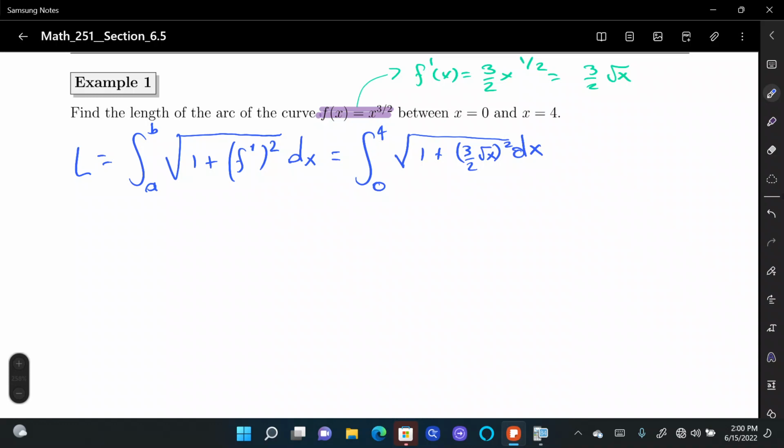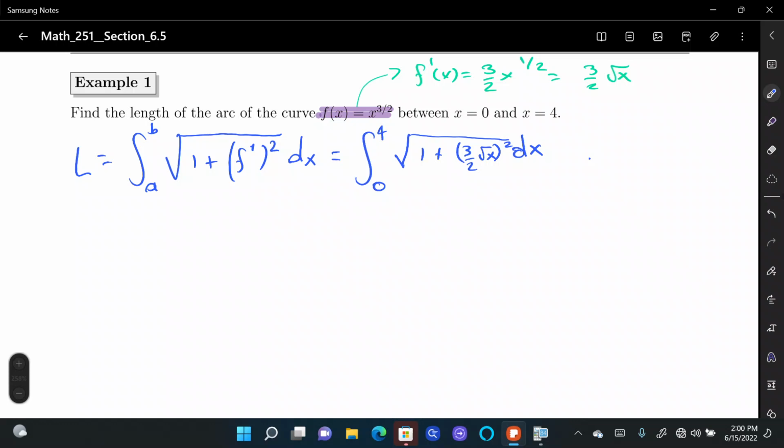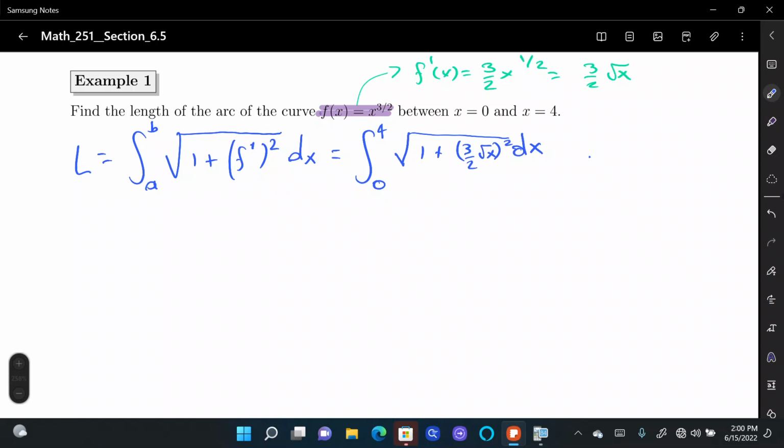Because this 3/2 square root of x, the whole thing is inside of the parentheses, this square right here will affect both the 3/2 and the square root of x. So that's going to be the integral from 0 to 4 of the square root of 1 plus 3/2 squared. That's going to give us a 9/4. And what's the square root of x quantity squared? That's just x, with respect to x.